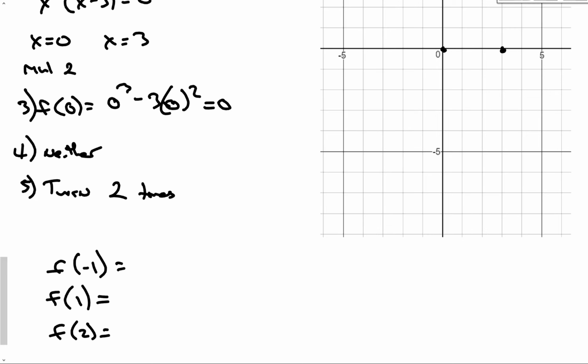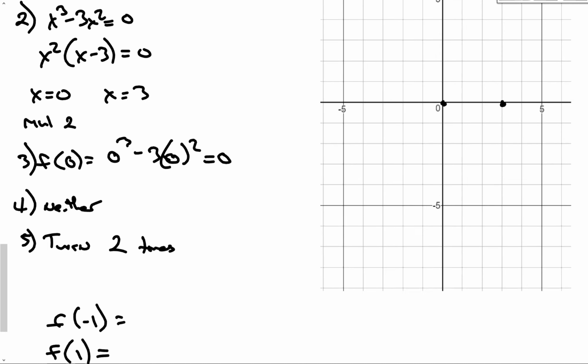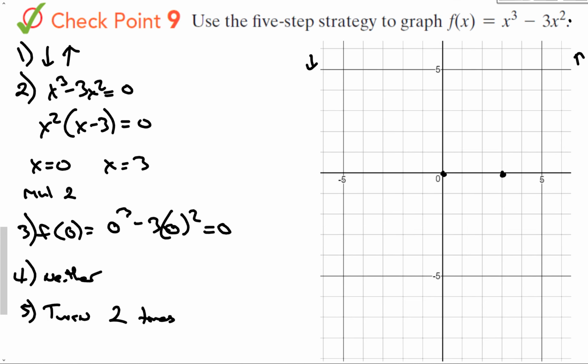And I'm going to graph this real quick. x to the third power minus 3x squared.